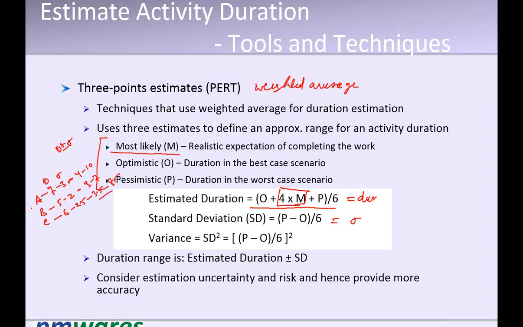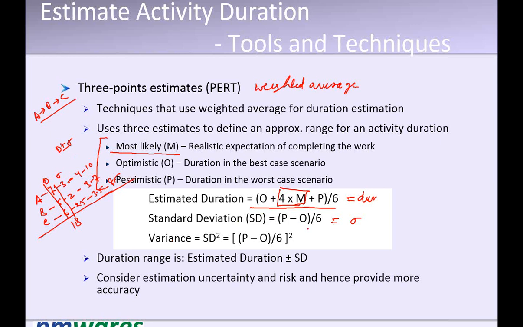But if A, B and C are in sequence, how much is the total duration of the project? For the total duration, I can sum the durations, so it becomes 18 days, but I cannot sum the standard deviations. What I do is take the square, which is called variance.